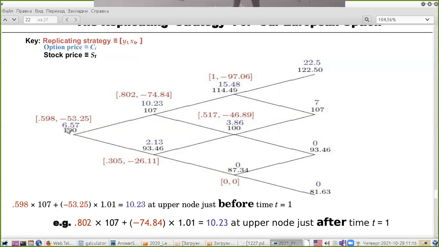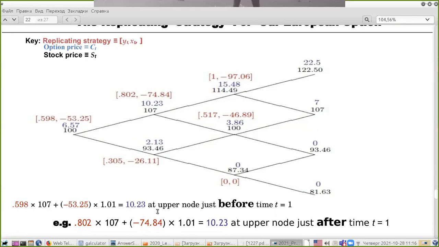What is interesting is that if we consider, for example, this upper node, and compute the value of the portfolio just before this time, we take this value multiplied by 107 because it is just before, and this value multiplied by the discount factor, and it will be 10.23.